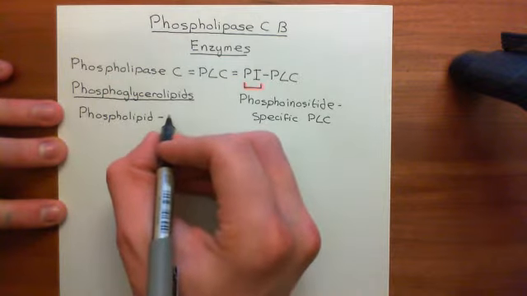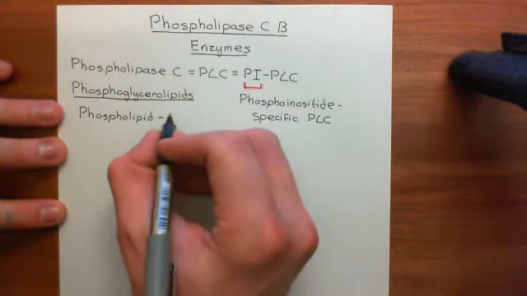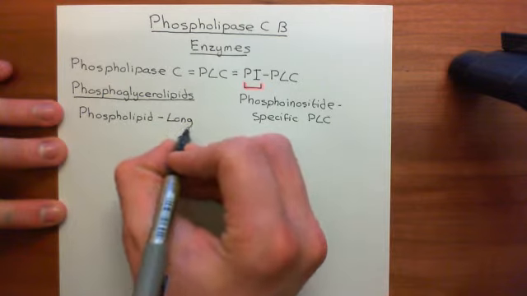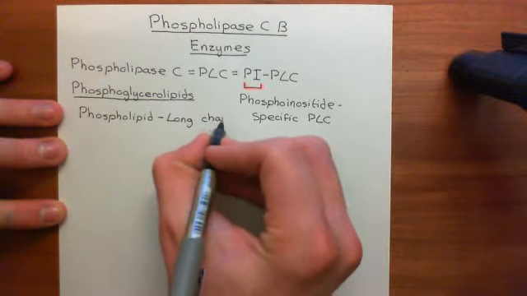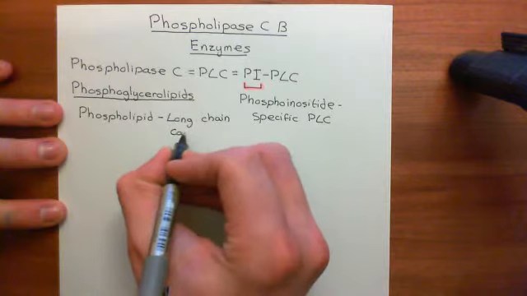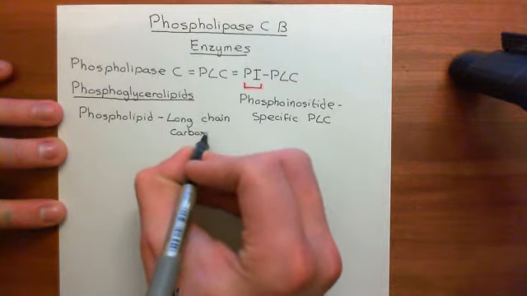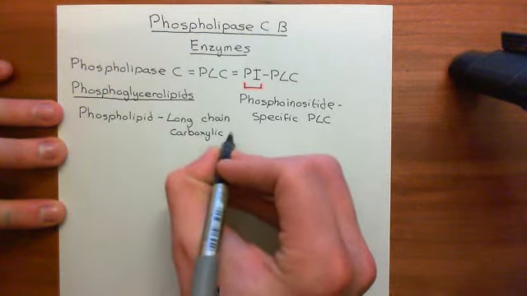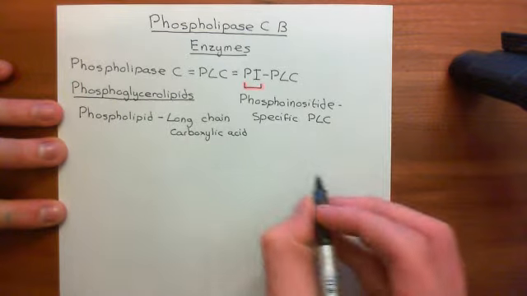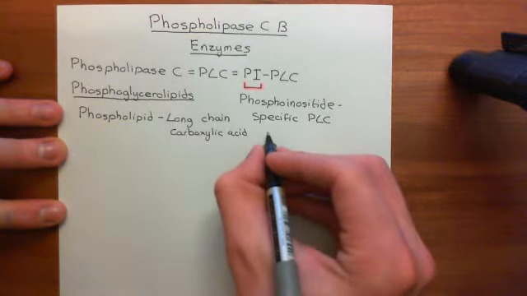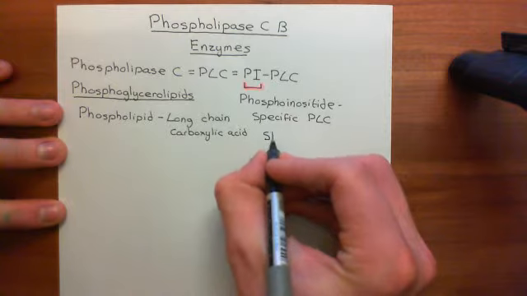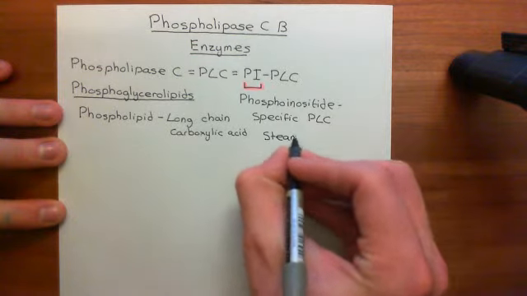The first is that you have to have at least one long-chain carboxylic acid within your structure. Let me give you the archetypal example of a long-chain carboxylic acid molecule, which is stearic acid.